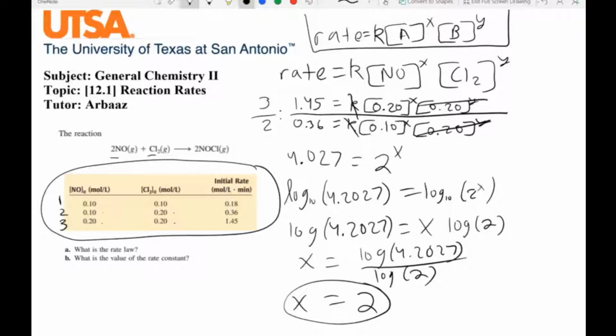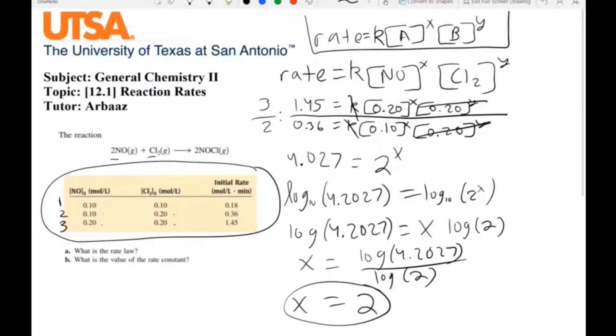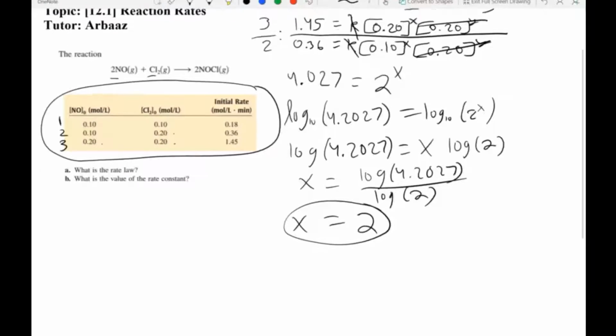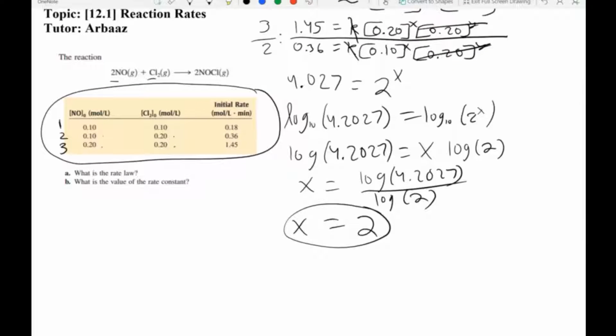So now that we have x, we just need to solve for y. So now we have to look for a condition in which the x's cancel, but the y's don't. So we'll take a ratio of 2 over 1.